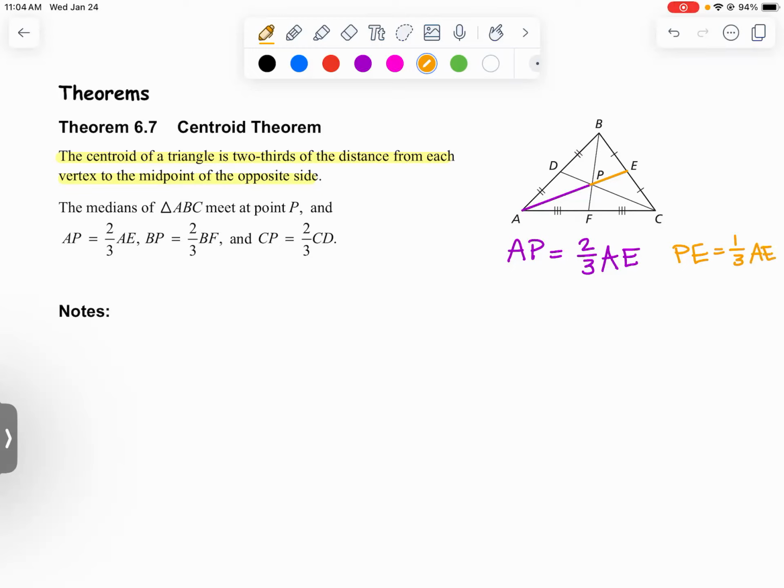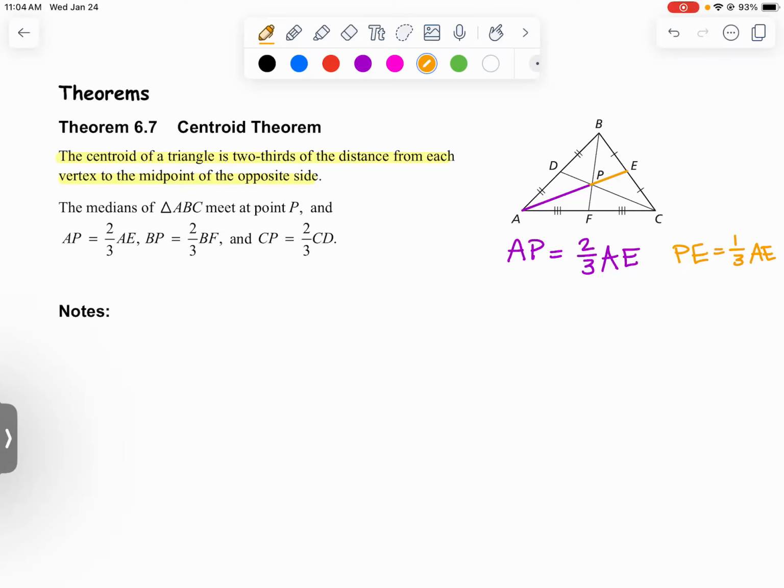I want you to understand that if that's only 2/3 of it, then the other portion is 1/3, so together they make a whole. The one from the vertex is going to be the longer piece, the 2/3 piece. We know it's from vertex to centroid. Presley, did I answer your question?